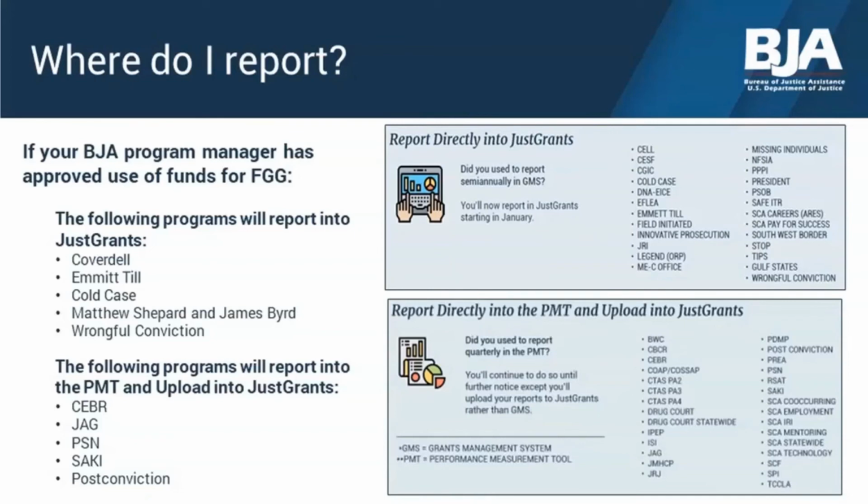This will serve as a reminder as to which programs should complete their performance measures reporting in the Just Grants system and which programs are still reporting using the performance measurement tool or the PMT. For those who are still using the PMT system, this is also a friendly reminder to download a PDF copy of your Just Grants report from the PMT and upload it into the Just Grants system during this July reporting period.